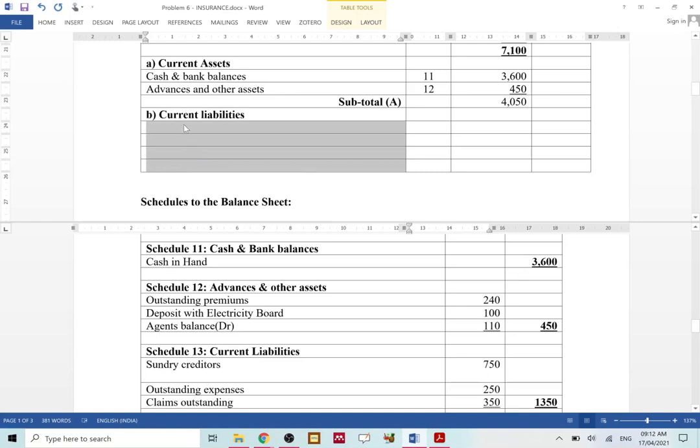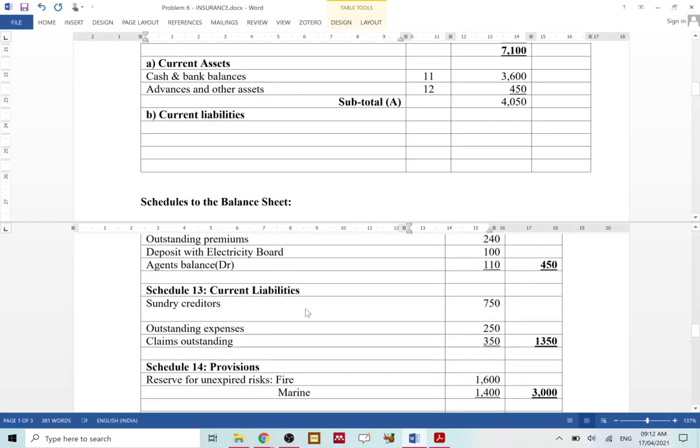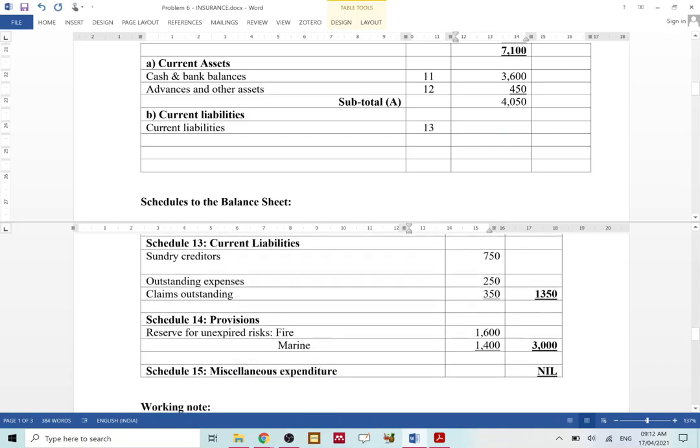Okay. So under current liabilities, what do you have? Schedule 13, current liabilities itself. Amount is, total is 1,350. Then you also have provisions, right? Miscellaneous expenditure, there is nothing, but there are provisions. Schedule 14 and the amount is 3,000, right?